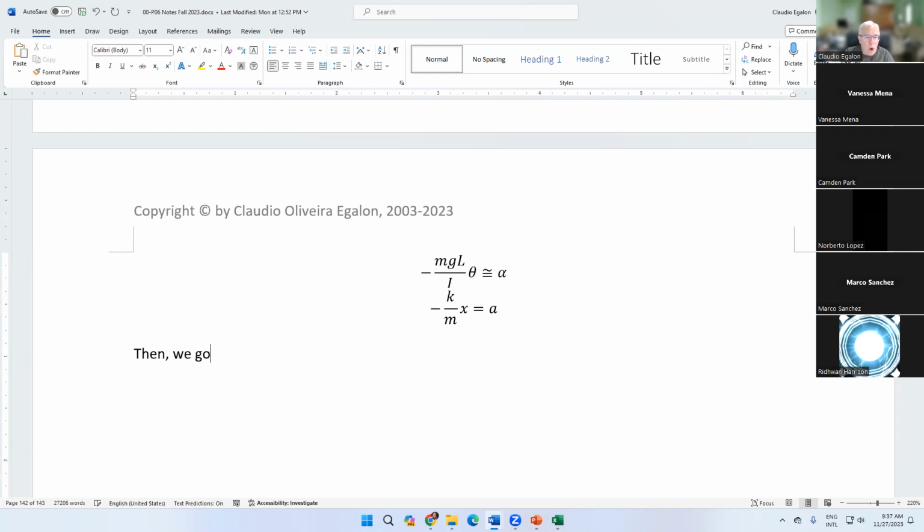Then we go back to the equation for the angular frequency of a mass attached to a spring. Angular frequency, not angular velocity, sorry. Do you remember that?